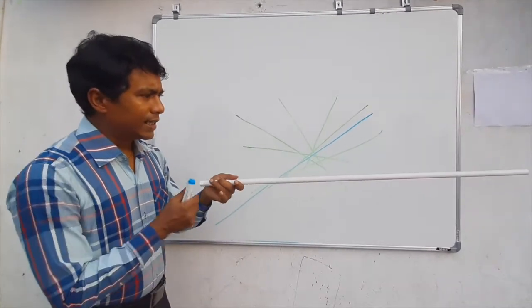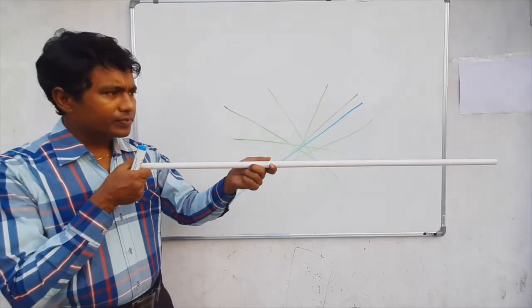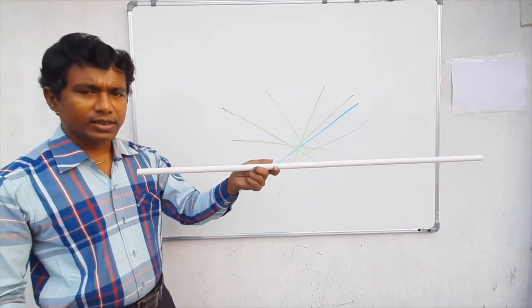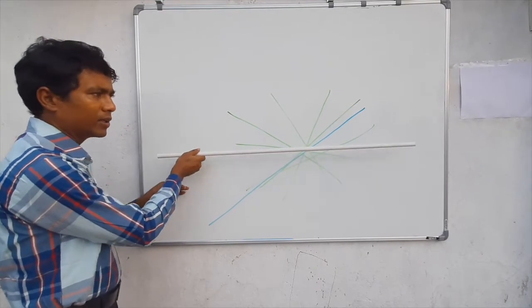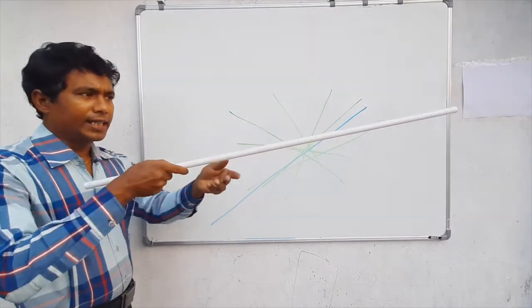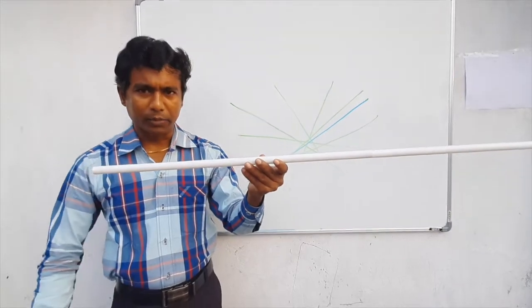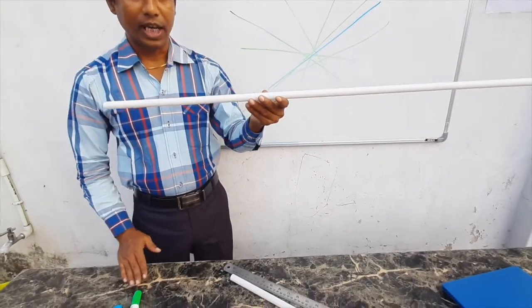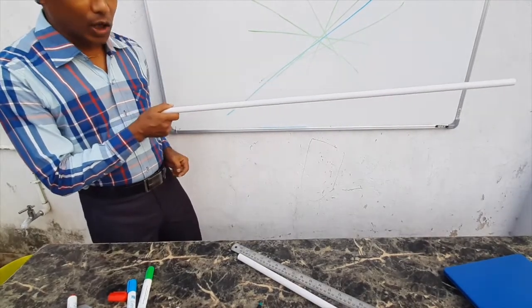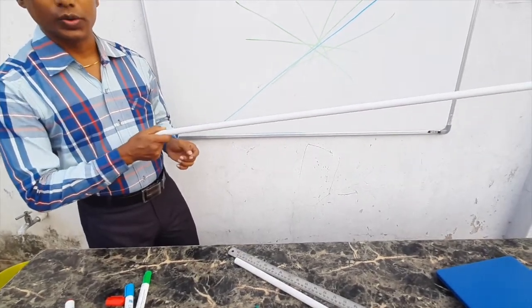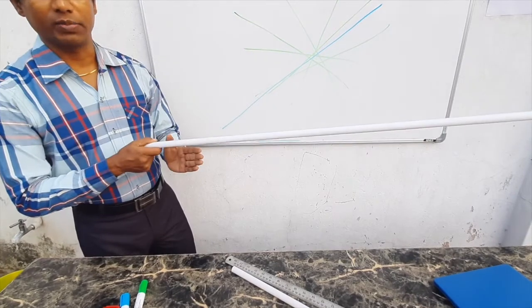Now in this case, the line is parallel to the VP. Again, it is also parallel to the plane of the table, HP. So the line is now parallel to both VP and HP.